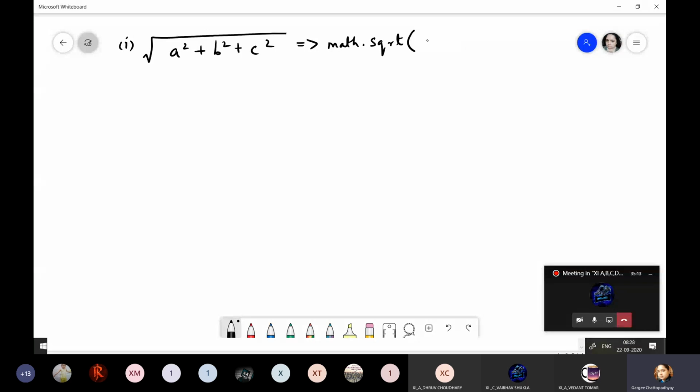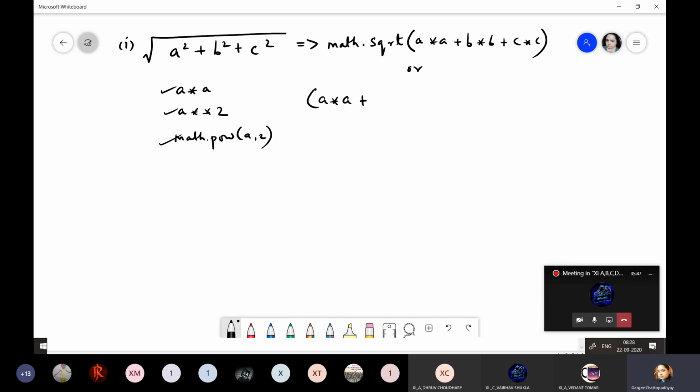And within this, you have multiple options. Either you write a into a, or you write a raised to the power 2, or you write math.pow(a, 2). So either of these 3 ways you can apply, right? For purposes of simplicity, I am simply going to write it like this. Done. There is an alternative to this.